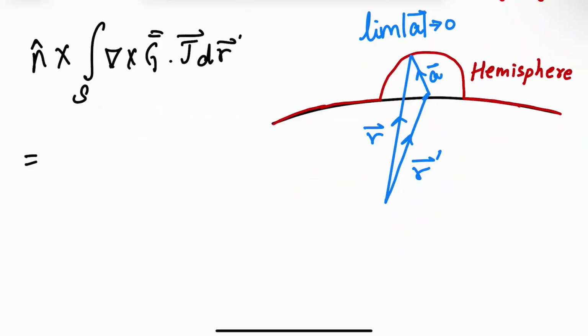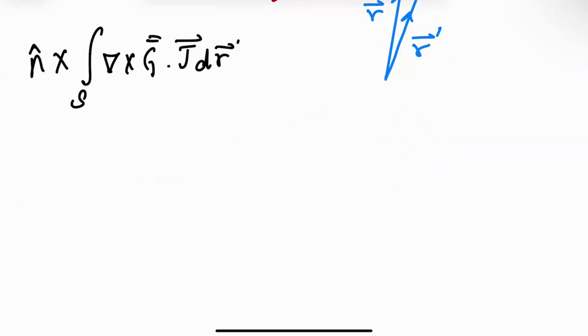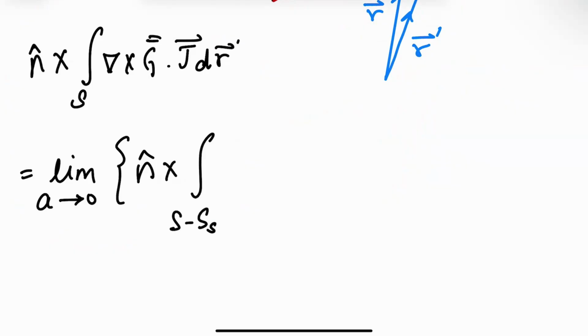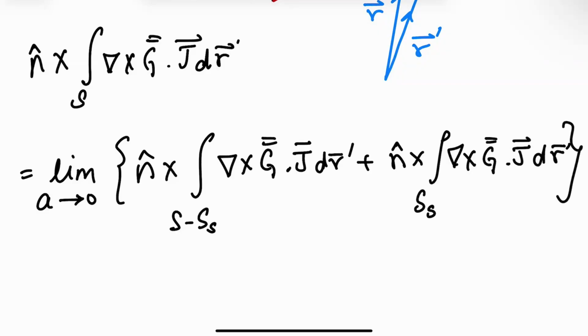Okay, so I'm saying that this integral is nothing but equal to, let me move this down here, limit A tends to 0 of n hat cross integral over S minus SS of curl of G dot J dr prime, plus n hat cross integral over SS of curl of G dot J dr prime. We'll discuss what these different S values are.